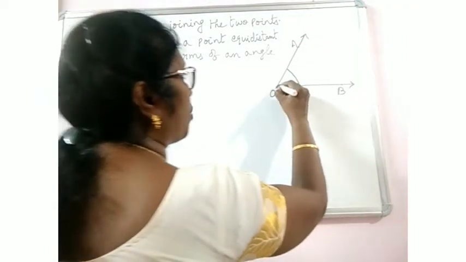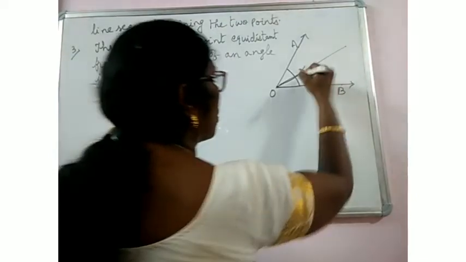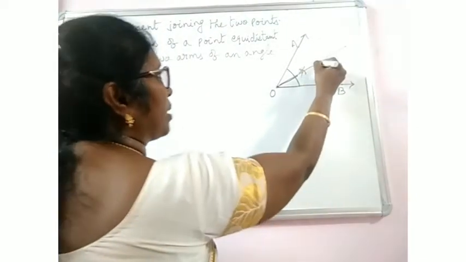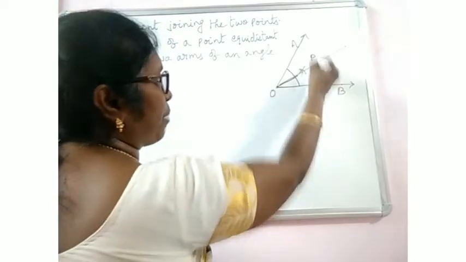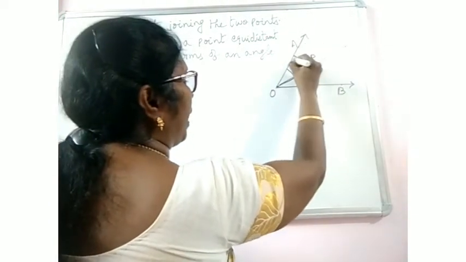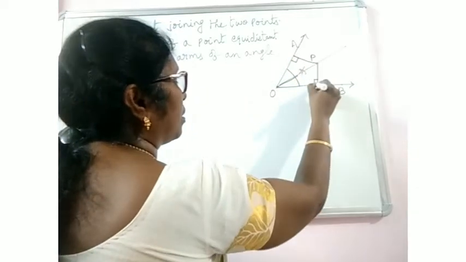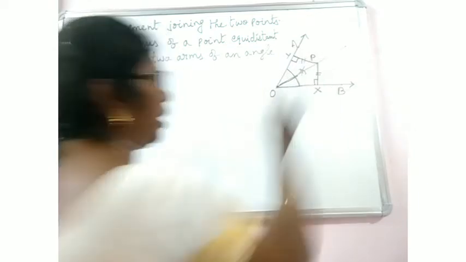Bisector of angle AOB. If you bisect this, any point, let me take here P. If you draw a perpendicular from P to OB and from P to OA, if this is X and Y, these will be equal.